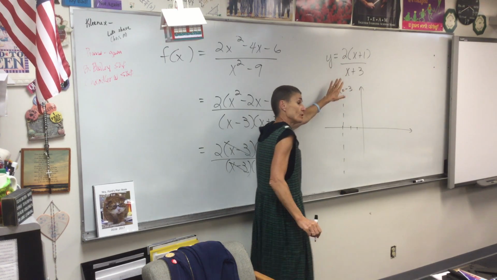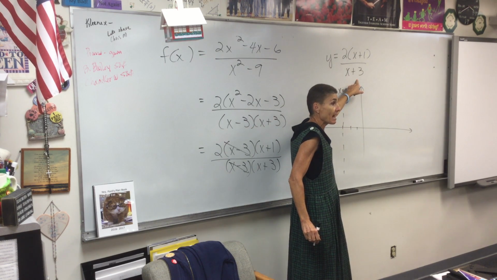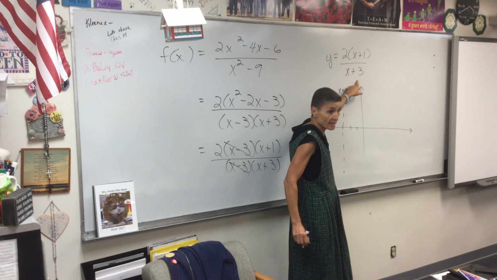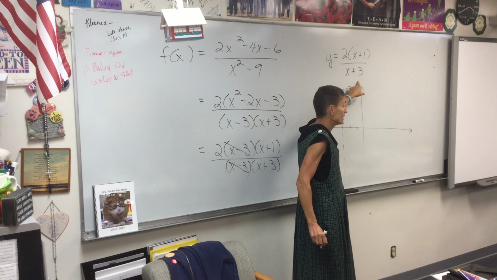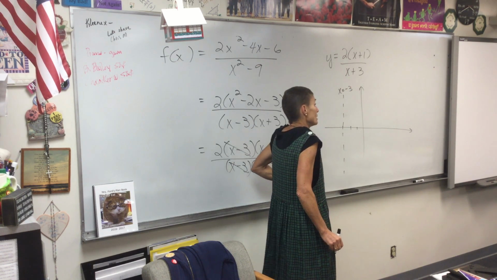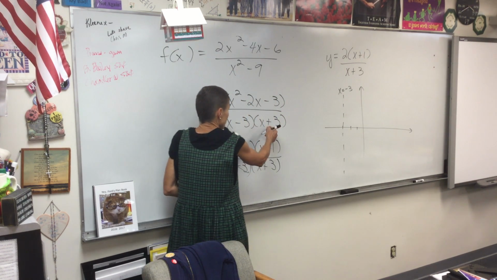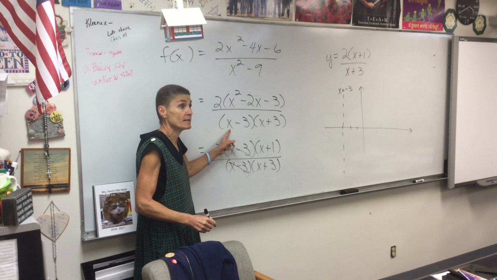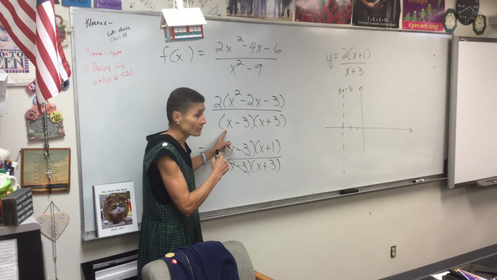Okay? Your vertical asymptote's at -3. Why? Because that makes the denominator 0. And you can't have a 0 in the denominator. Ever. Math sure says so. Now, in the original problem, not only could x not be -3, but x also couldn't be +3, right?